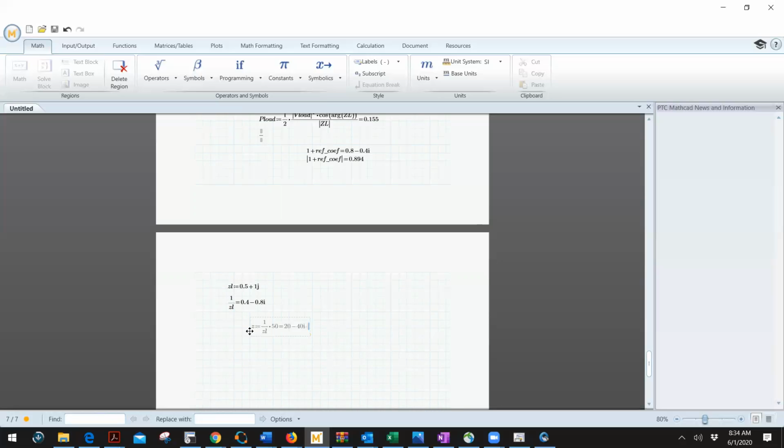So it would be 20 minus J40. Do you follow me on that? So the Smith chart, if you wanted the value of the impedance any point away, you just take the normalized impedance and multiply it by Z naught. Does everybody understand that, class? You good with that?